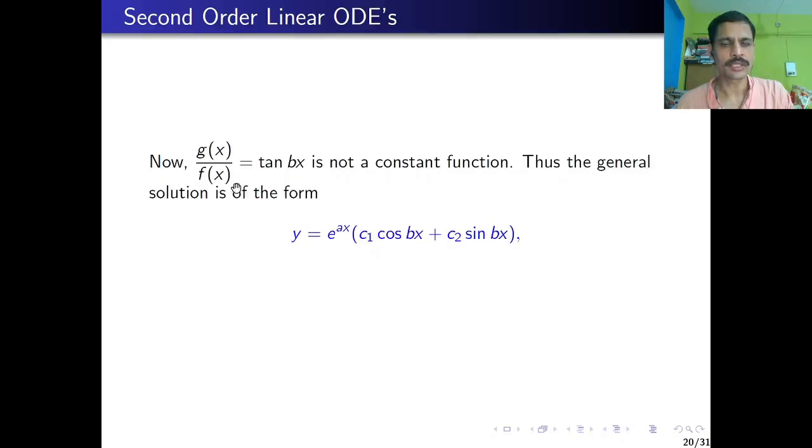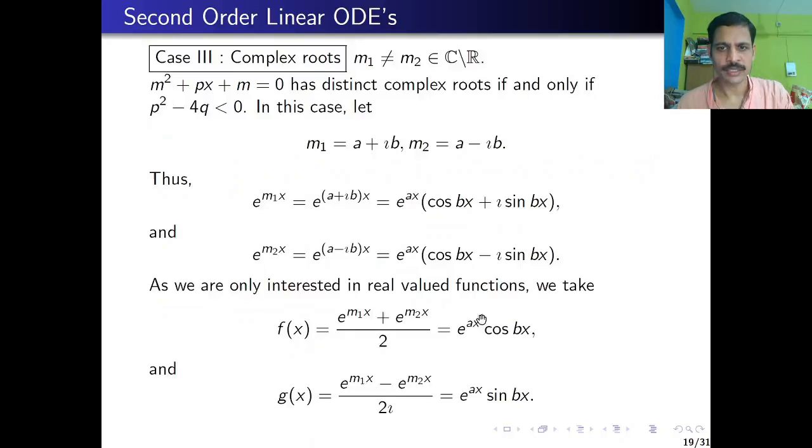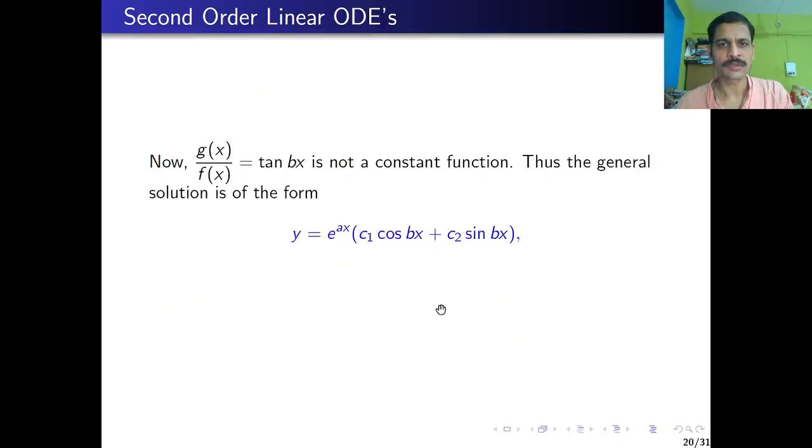So these two solutions, namely e raised to ax cos bx and e raised to ax sin bx, are linearly independent solutions of the given differential equation. So any general solution will be a linear combination of these two linearly independent solutions. So the general solution is of the form y is equal to e raised to ax (c1 cos bx plus c2 sin bx), where c1 and c2 belong to real numbers.